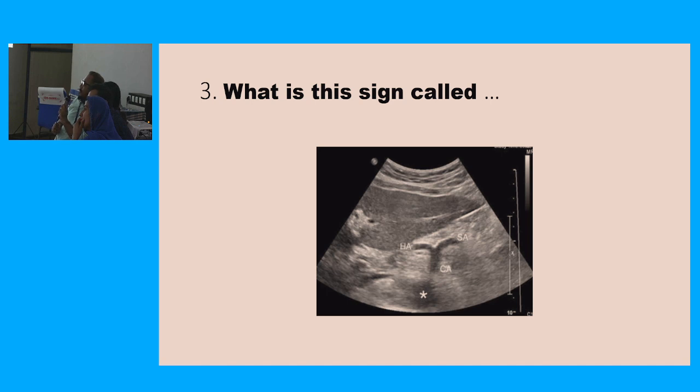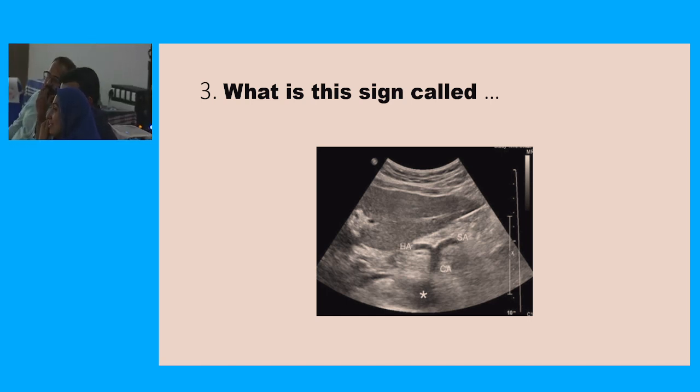Bicycle handle. Antler sign. Yeah, I will pass the question. Only one option, okay. Team B, Benji. Callot sign. Team C.